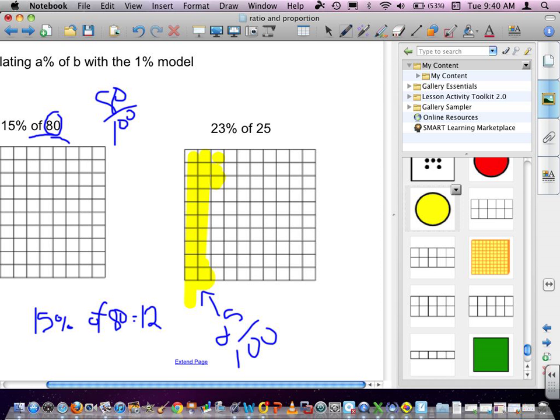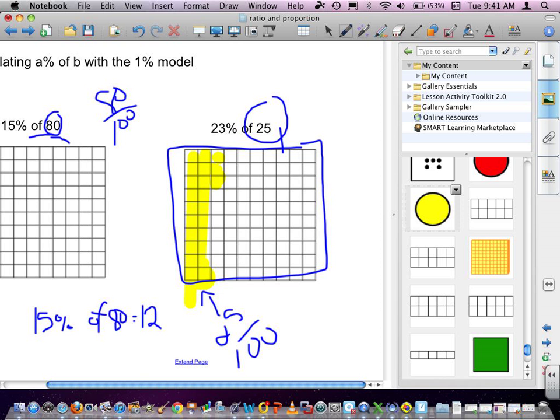Let's start from the beginning. Everyone listen! I'm taking 25 and I'm fair sharing it in 100 little parts because this whole is equal to 25. It's 100%, but it's equal to 25, right?